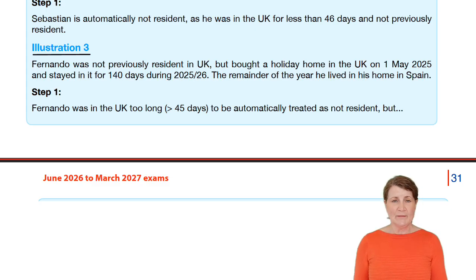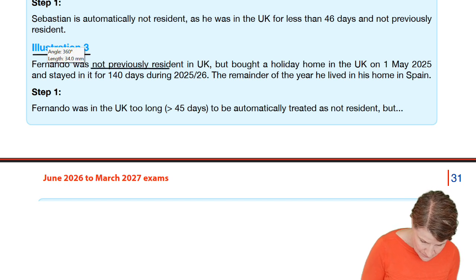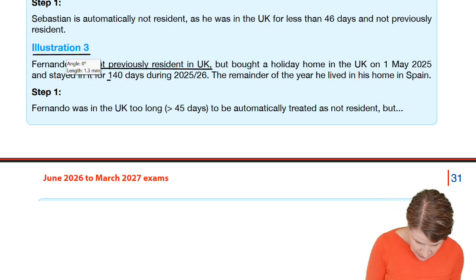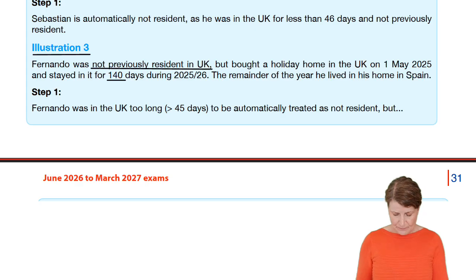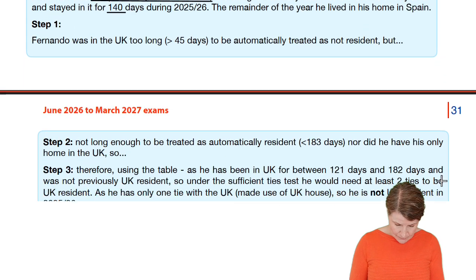So when we look at Fernando, he's not previously resident in the UK. So that means that under the automatic overseas test, he can spend no more than 45 days in the UK and be automatically overseas resident. He's actually spent 140 days. So he doesn't pass step 1. So therefore, we go on to step 2.